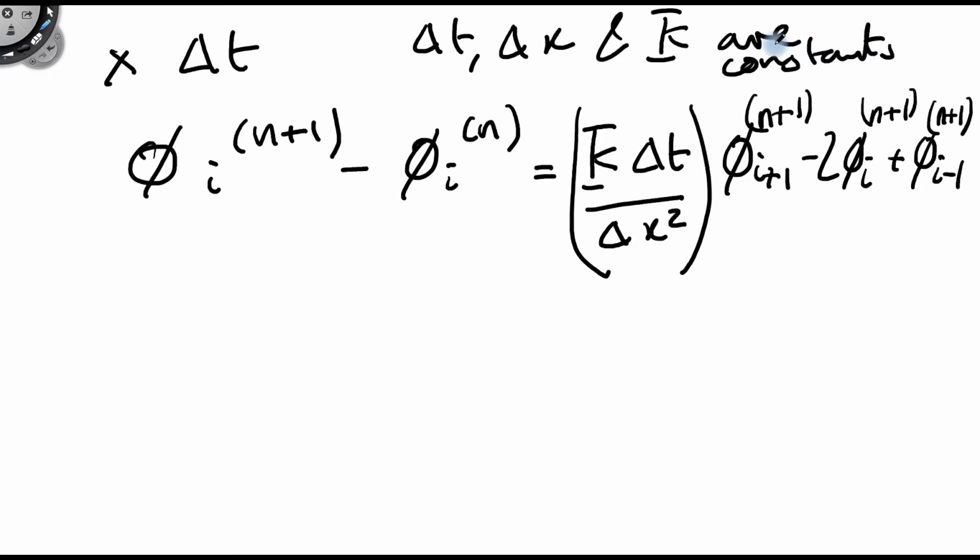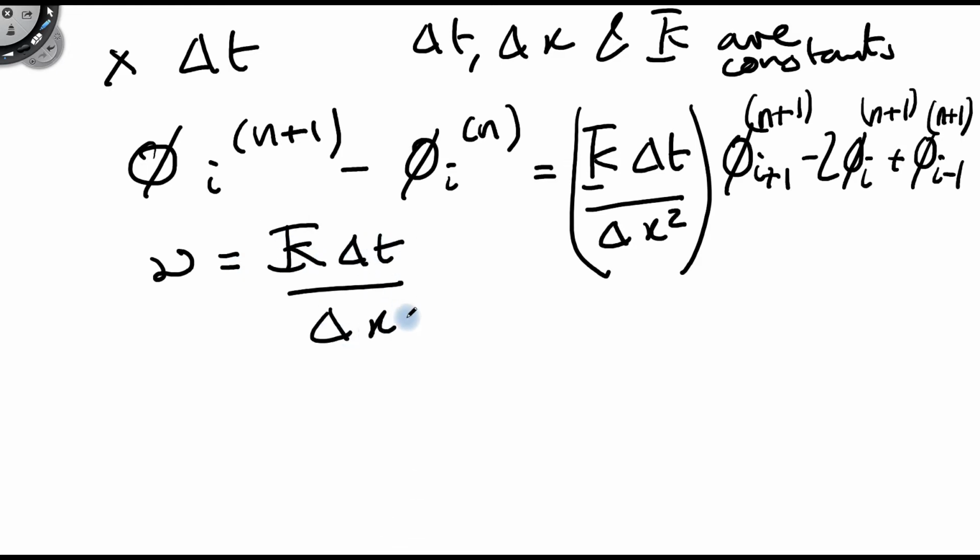So it's helpful for further analysis to bundle them together into a single constant. So I'm going to define nu as k delta t over delta x squared. Sorry, there should be brackets around this as well. It's going to make the algebra a little bit easier.